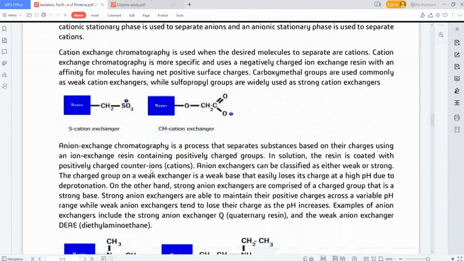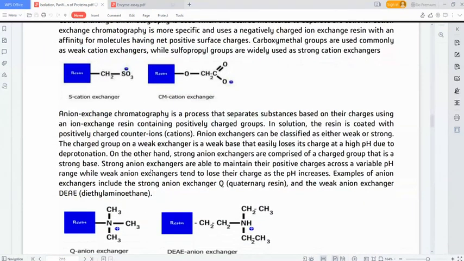In the same way, with anion exchange, the anion exchangers are positively charged. So when you pour in your protein, the negatively charged proteins get attached, while you elute the positively charged proteins. So understand it.